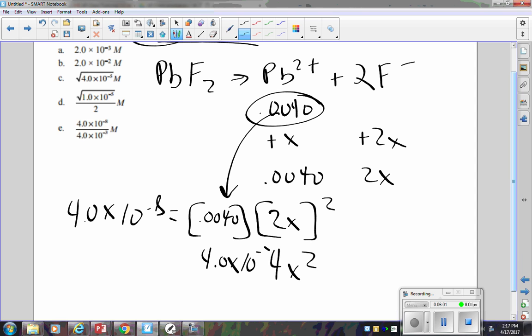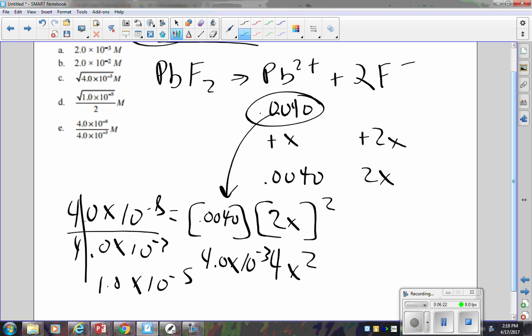So let's deal with that first. We'll divide over here. If we can try doing this first, 4.0 times 10 to the negative third. Simplify that first. It's going to be 1 times 10 to the negative fifth.